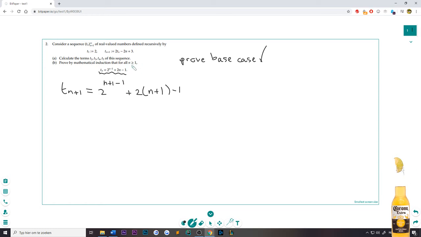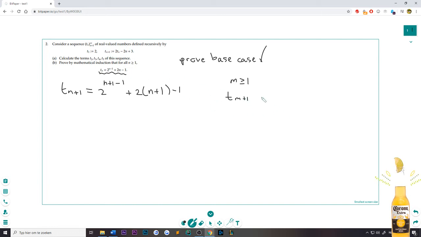So instead of working with an n, what they usually do is they work with a different variable, okay? Because we're trying to do a proof here. So assume that there is some m bigger or equal than 1. Then what we get is t of m plus 1, right? So as soon as you choose your m, you're going to take this formula here, and you're going to substitute it in the formula on top here, okay?